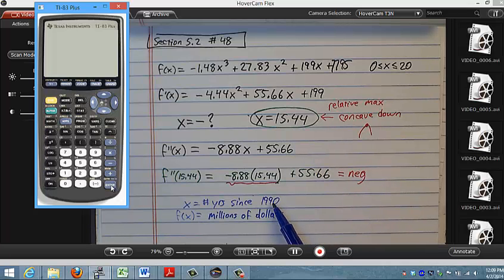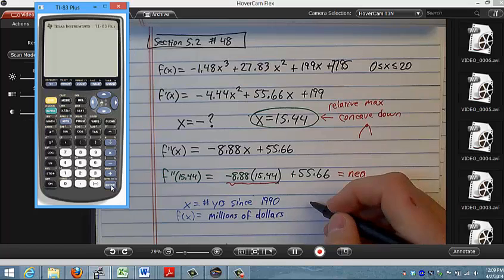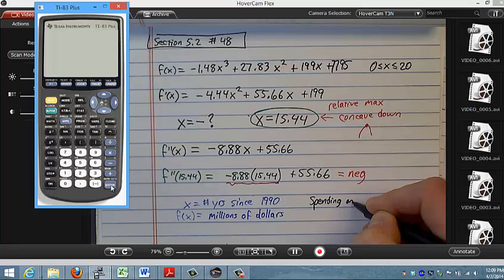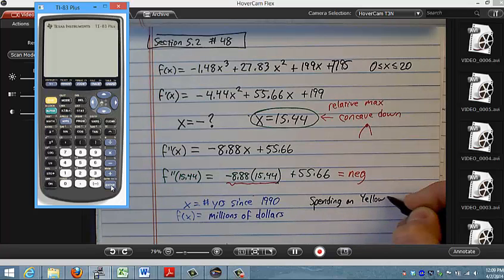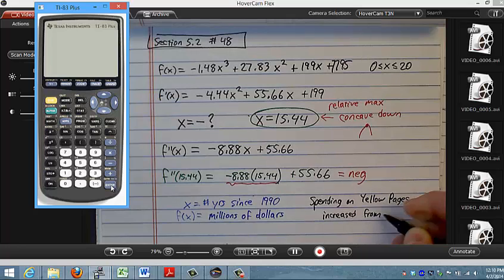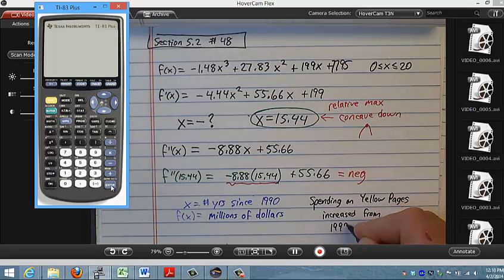Years. So if I had to interpret this, here's how I would interpret it. I would say spending on the Yellow Pages increased from 1990 till when?